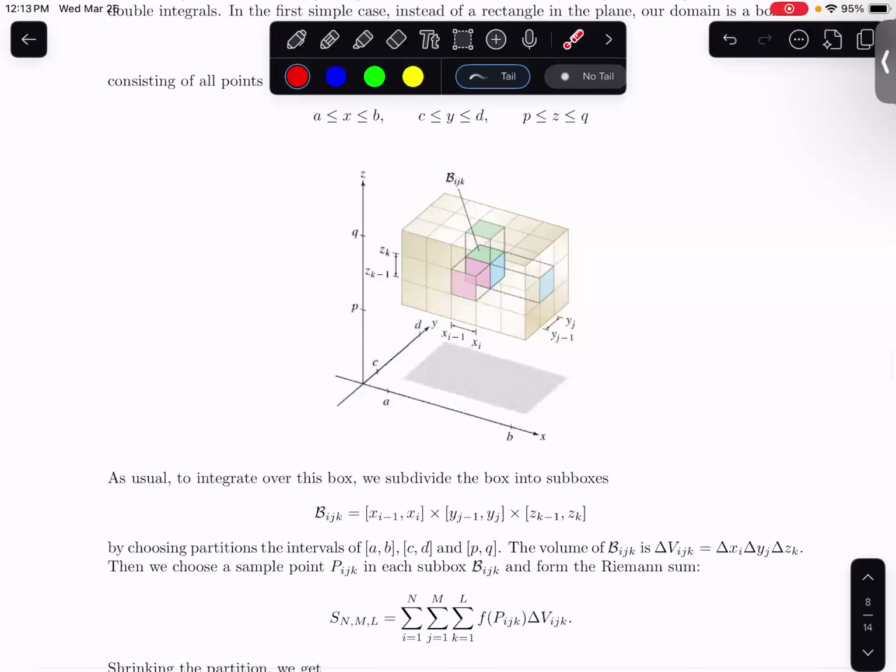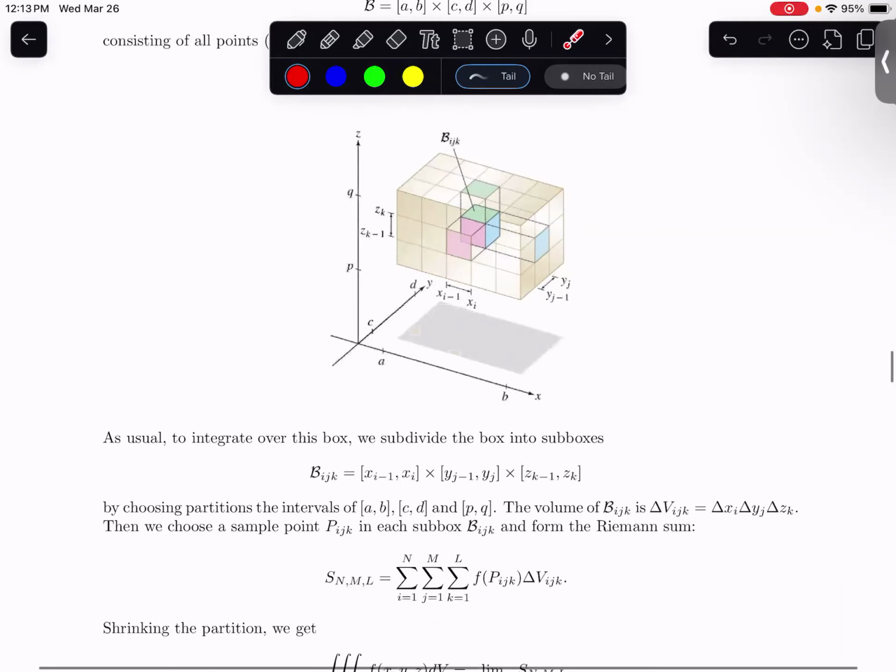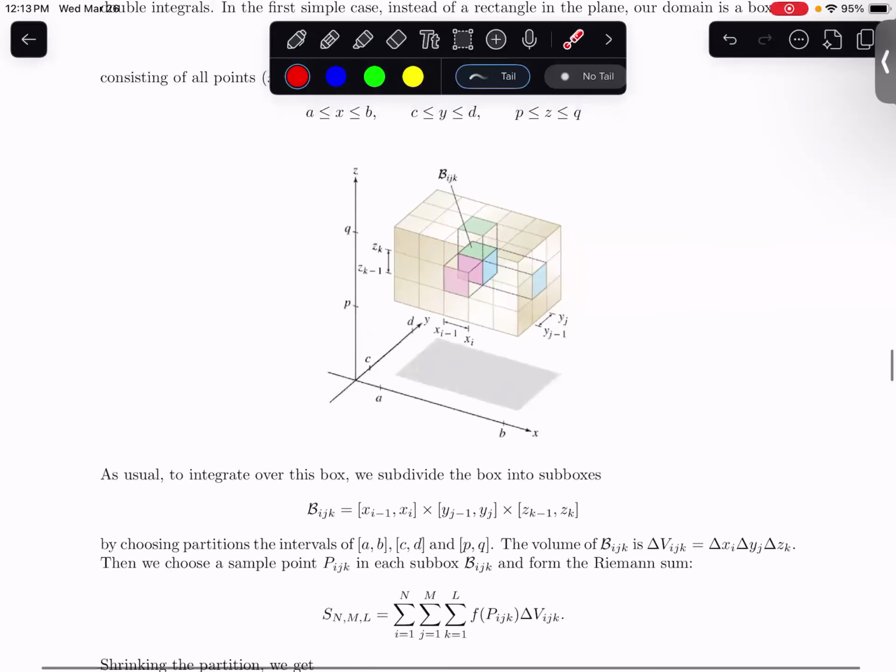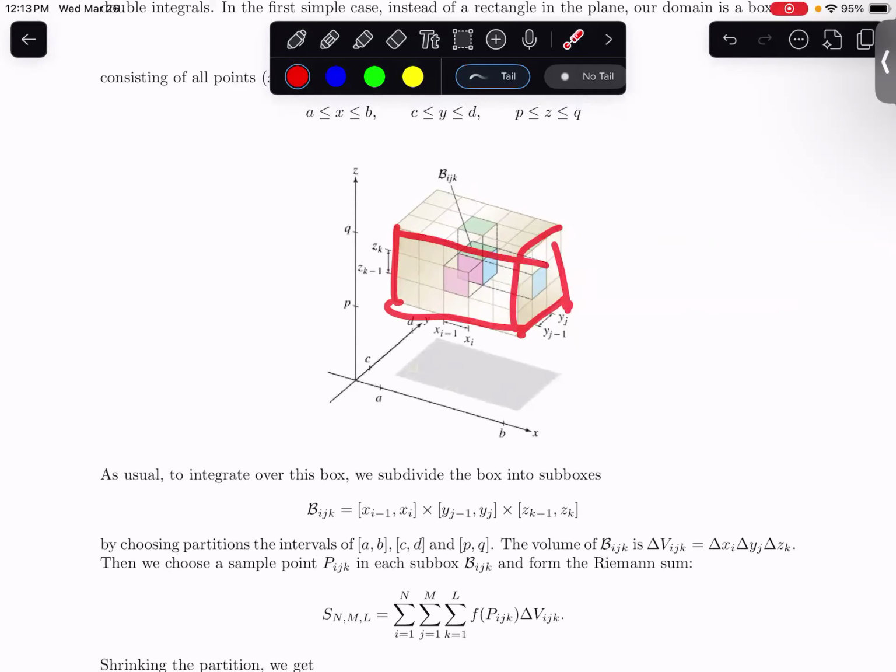And if we wanted to define a triple integral, I don't go into as much detail about how these triple integrals are created. The main idea is you take a box and you subdivide it into smaller boxes by creating partitions with respect to x, with respect to y, and with respect to z.